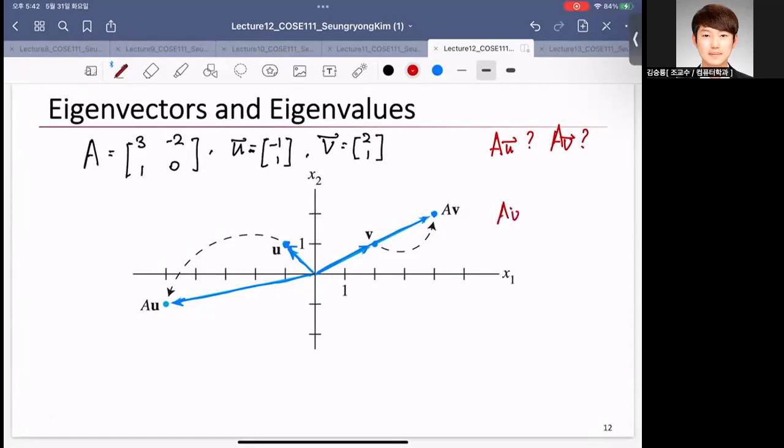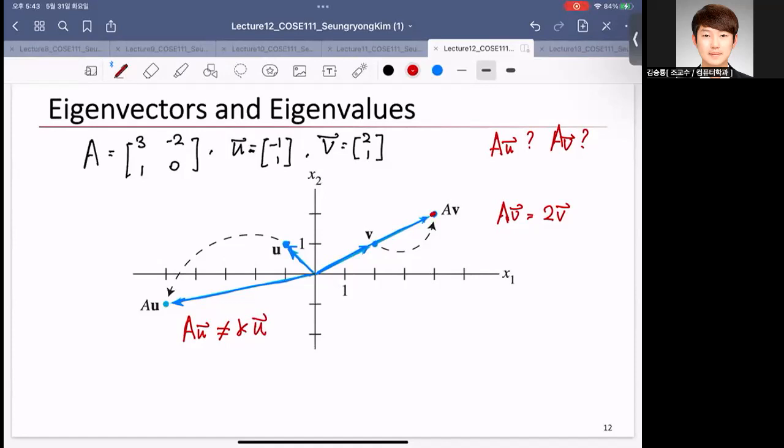AV equals a scalar multiple of the original vector V. In other words, AV is going to be just 2V. And AU was not equal to a scalar multiple of vector U.